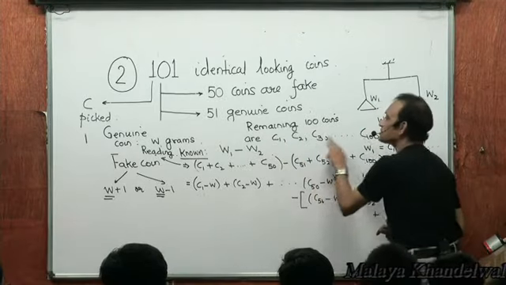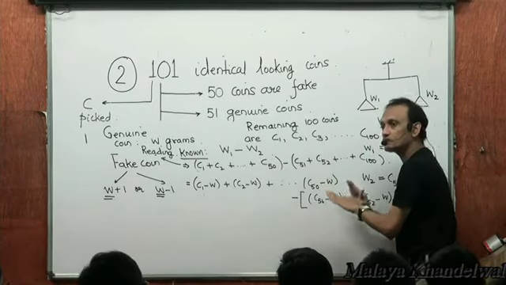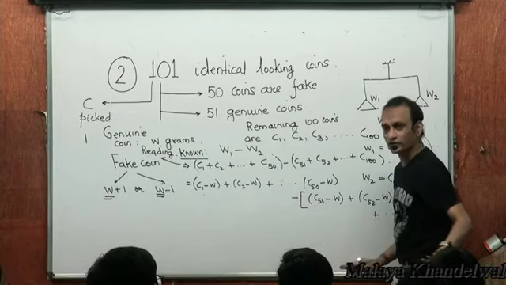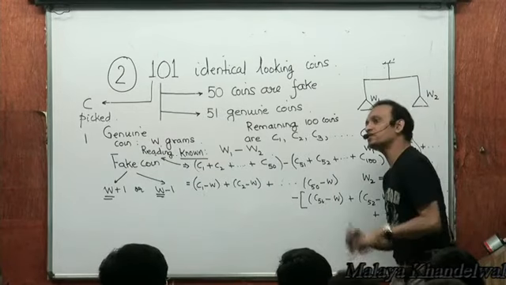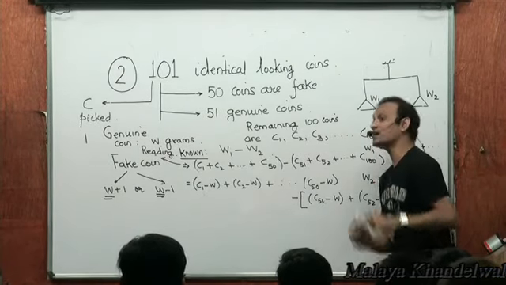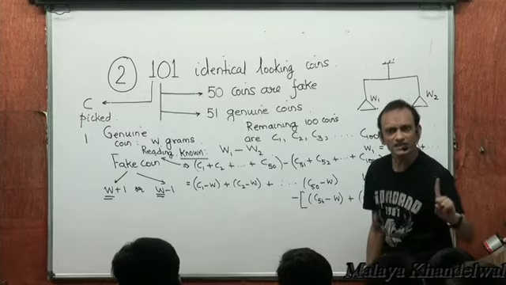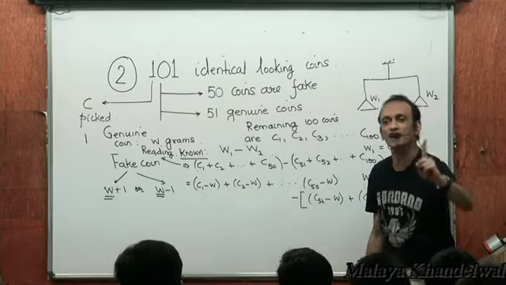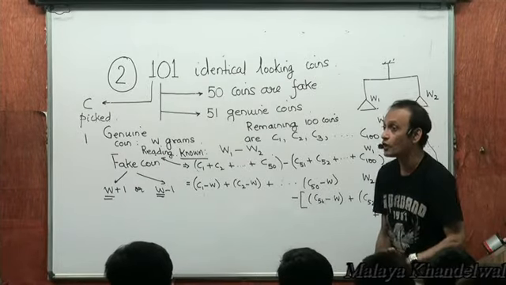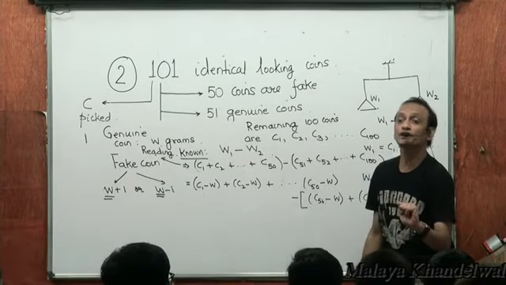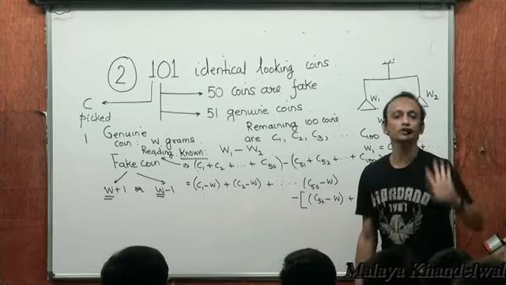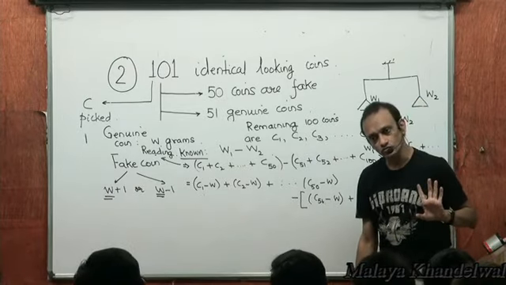C1, C2, C3, ..., C100 are the weights of the 100 coins. Some of these Ci's would be W if they are true coins. The fake coins would differ from W by 1 unit. Yes or no?